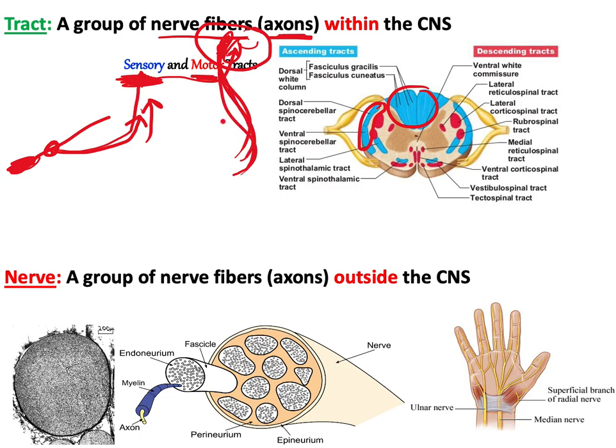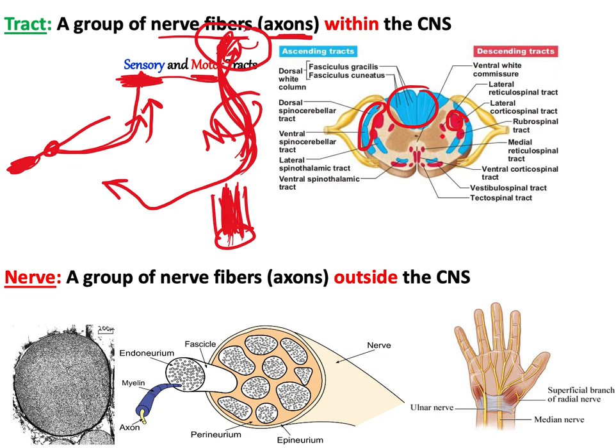These motor axons carry the impulse and order to your hand to drop the spoon. So this tract is a motor tract, like this lateral corticospinal tract. So the tract is a group of axons aggregated or grouped in a region, within the central nervous system.